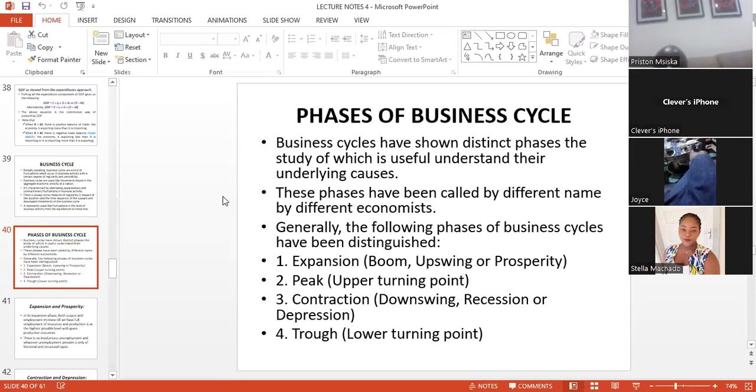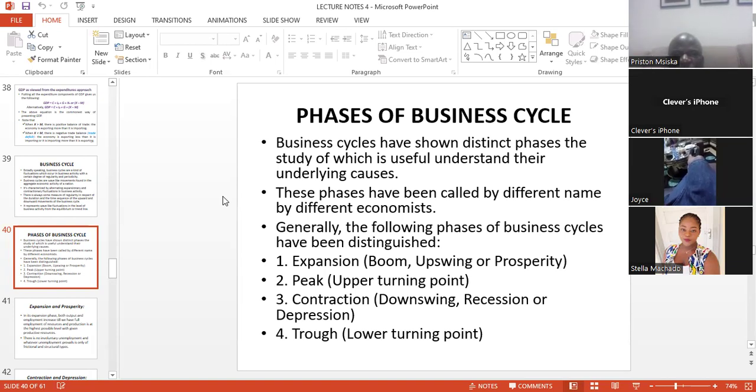Apart from analyzing individual businesses, how they start and grow and expand, reach maturity, and face a contraction, and then come out of it, and so on and so forth. So it's a cycle. A cycle is almost round, right? You go up and down, up and down, up and down, like that, making a cycle.